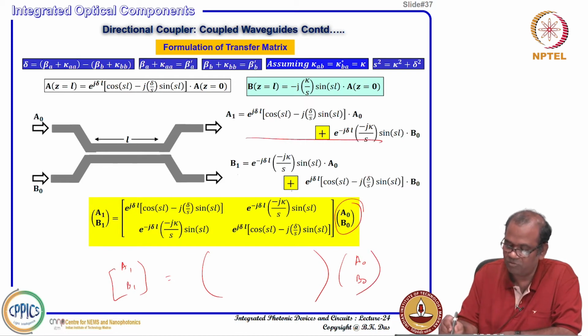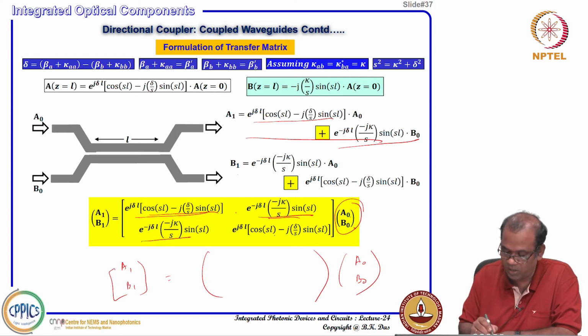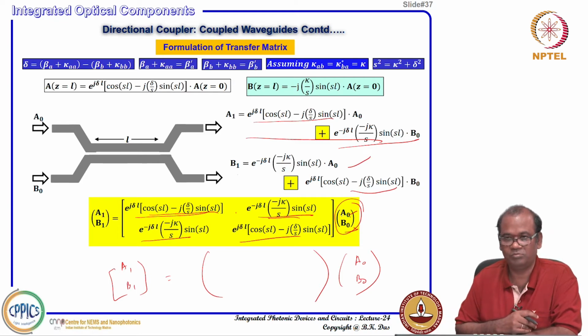From this equation we can simply write: this is the A1 component, and this is coming from B naught. So A1 will be this one multiplied by A naught plus this one multiplied by B naught, and B1 will be this one multiplied by A naught plus this one multiplied by B naught. These two equations together we can write in a matrix form.